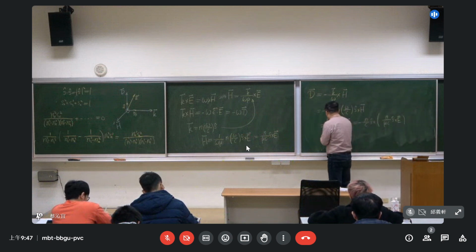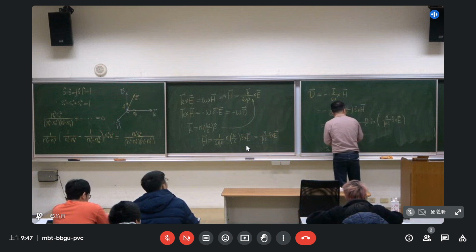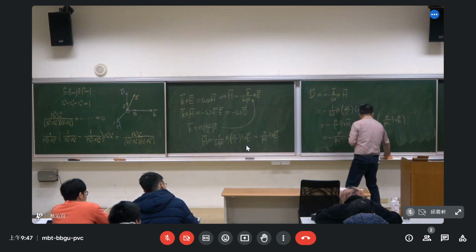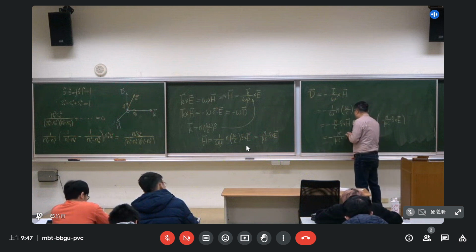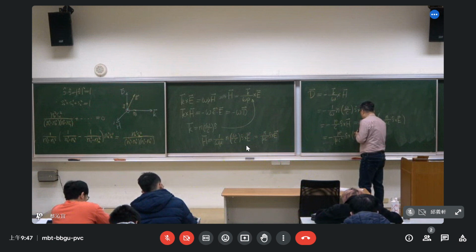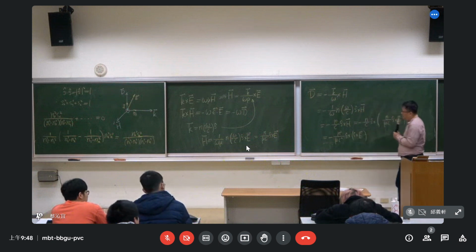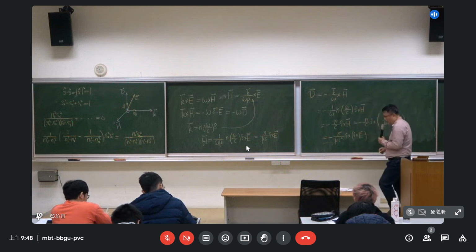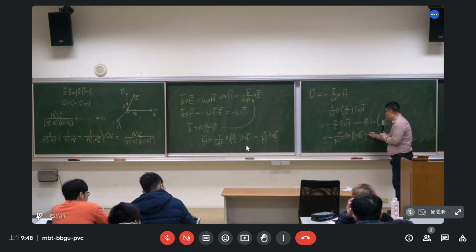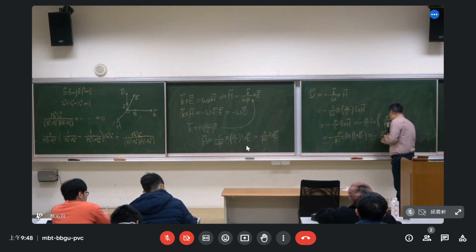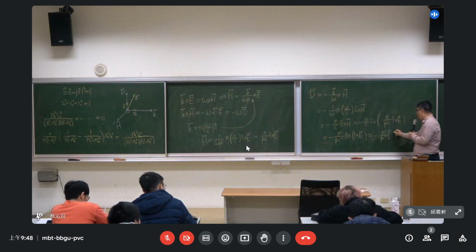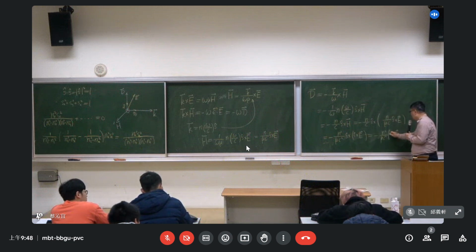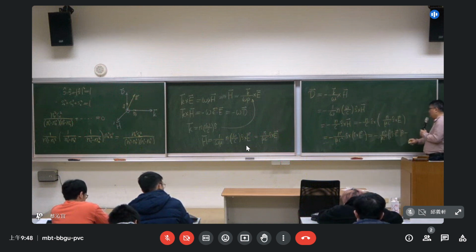So this is equal to minus n squared over mu C squared times S cross S cross E. According to vector analysis, this is just S dot E times S minus S dot S times E, where S dot S is equal to 1.